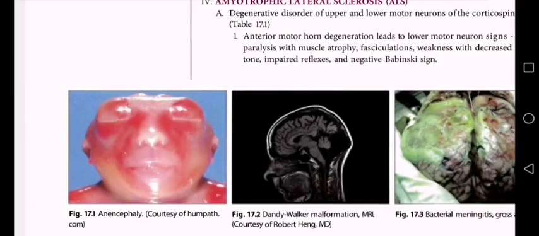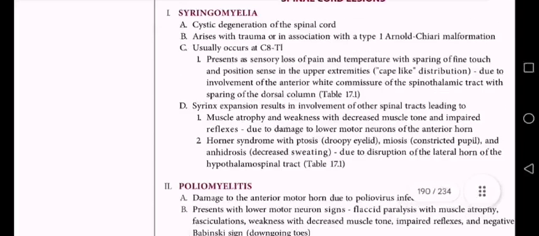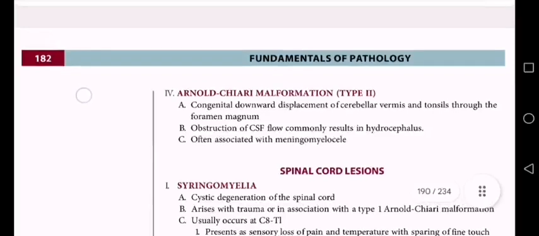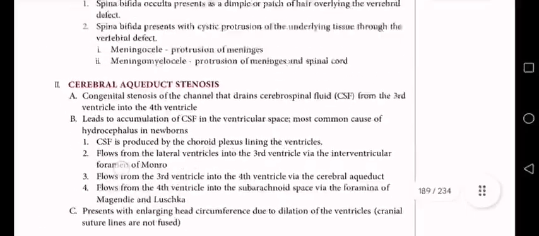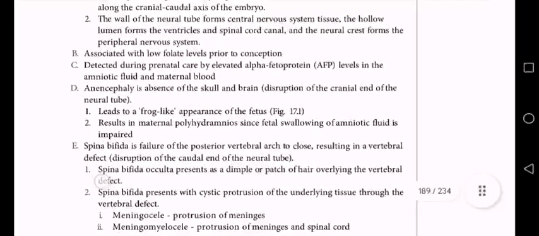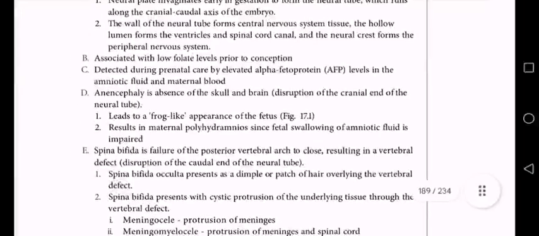This is anencephaly. So, results in maternal polyhydramnios since fetal swallowing of amniotic fluid is impaired.